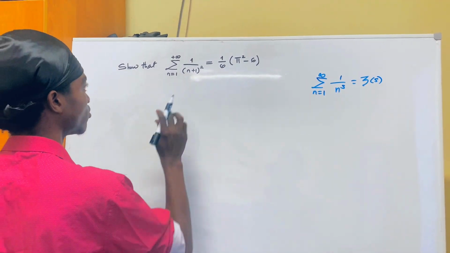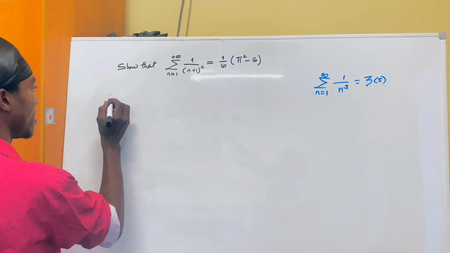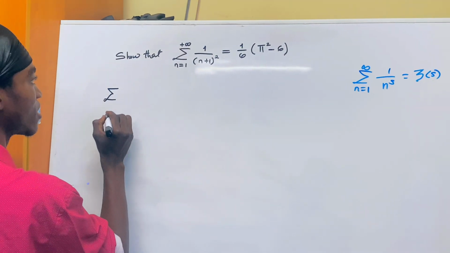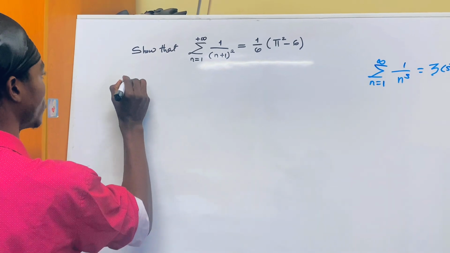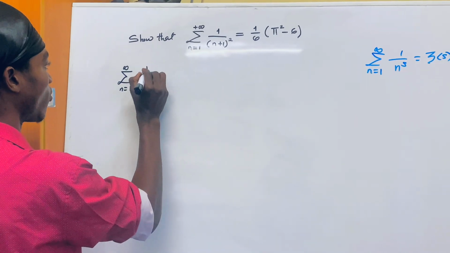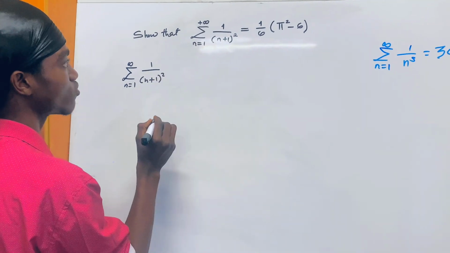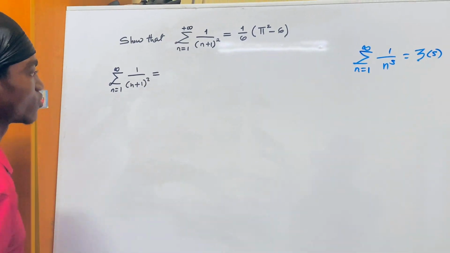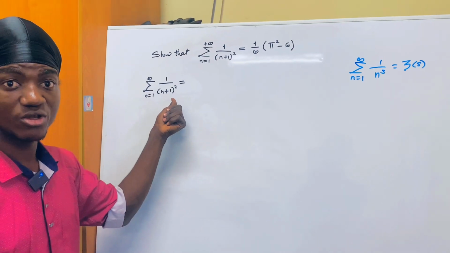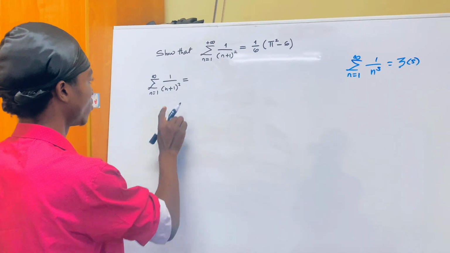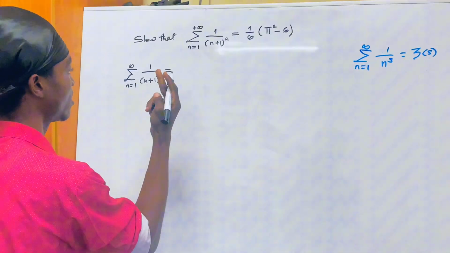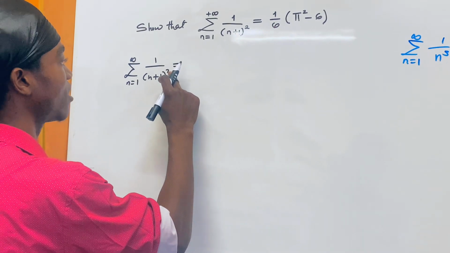So the first thing we're going to do is to expand the sum n equals 1 to infinity of 1 over (n plus 1) squared. So this will be equal to, we plug in 1 because it starts with 1. 1 plus 1 is what? 2. And we have a 2 squared.